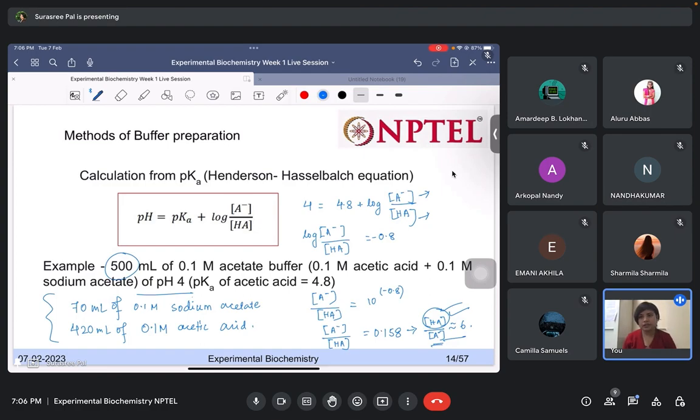There can be another method of buffer preparation, referring to the tables already prepared by biochemists, which are available in biochemistry books. Referring to the table, we can get the exact amount of base and acid we have to add, and how much pH we have to adjust, if any. Okay, so these are several methods of buffer preparation.